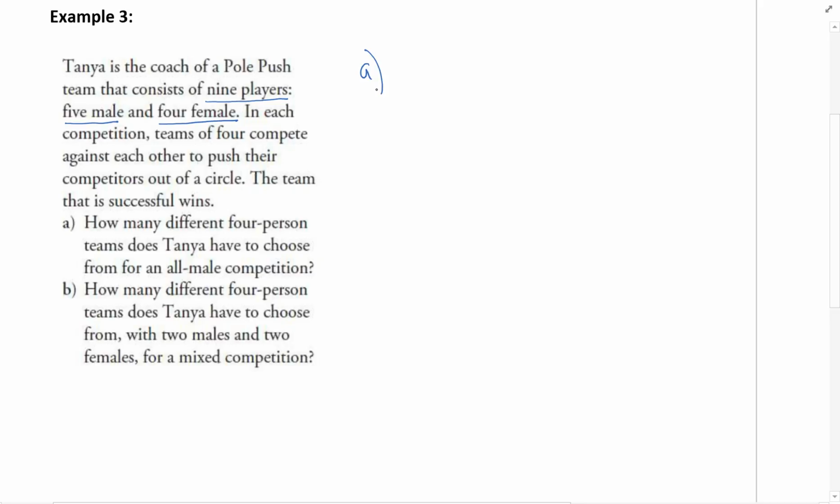So how many people do we have to choose from? Well, if it's an all-male competition, we only have 5 males to choose from. And we want this to be a 4-person team. So 5 choose 4, and that would give us 5 teams if you put that in your calculator.